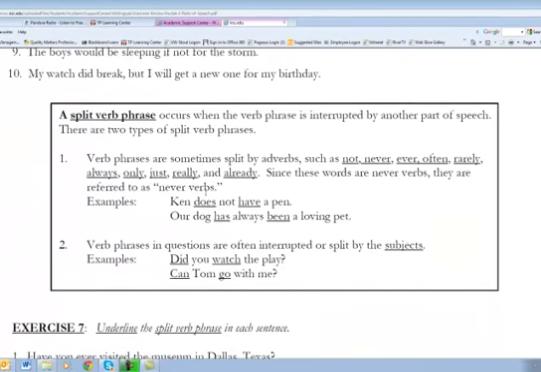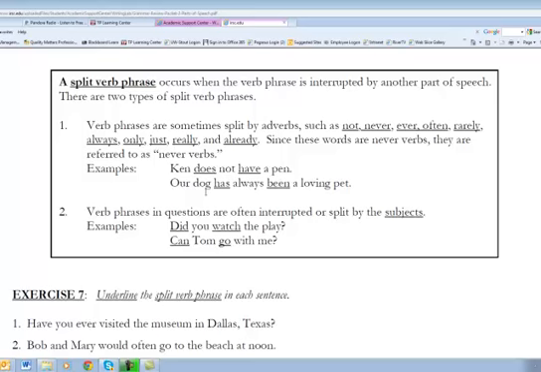There are some rules for verbs that you will want to pay attention to, because sometimes we can split up our verbs. So a split verb phrase will occur when a verb phrase is interrupted by some other part of speech. So we generally have two types of split verb phrases.